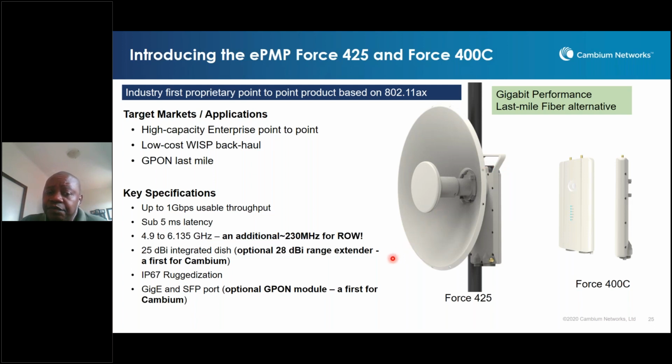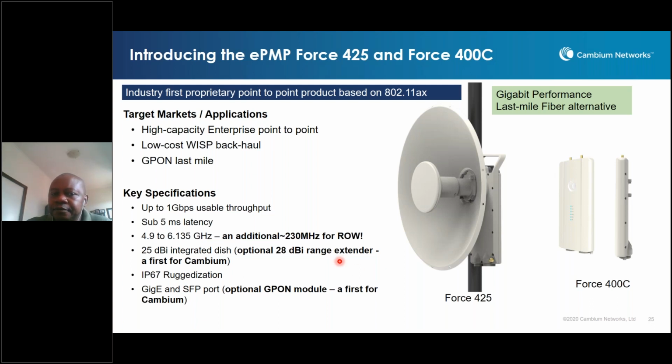It has an SFP, but also an optional GPON module. That allows you to co-locate the Force 425 with your fiber pop without requiring any multiplexers. Connect directly to your fiber pop and then use this for that last mile.